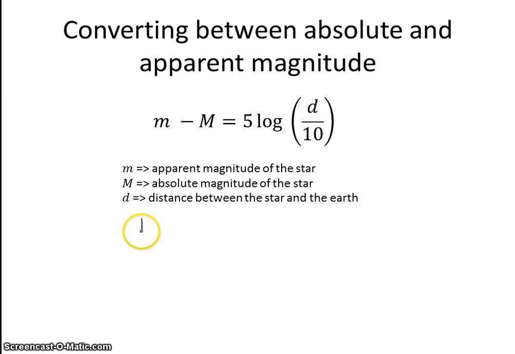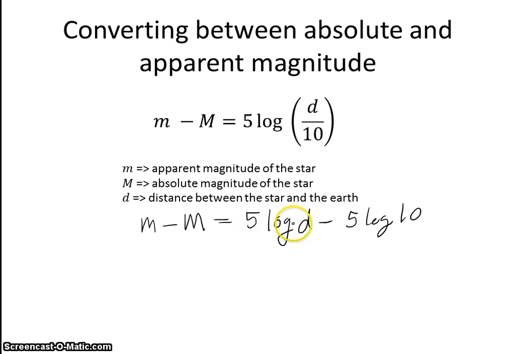Taking m minus M equals 5 log d minus 5 log 10. 5 log 10 is just 5. So m minus capital M plus 5 equals 5 log d.